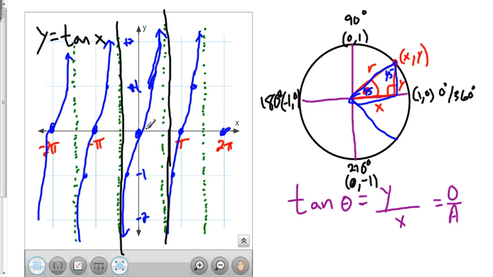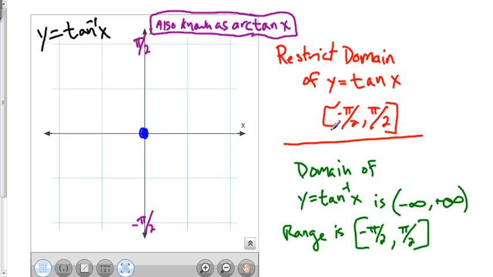When I had pi over 4, that was going to have a value of 1. Well, let's give ourselves positive 1, positive 2. So when I go over 1, I go up pi over 4. And hopefully remember that when I go to the left one, it's going to be negative pi over 4.